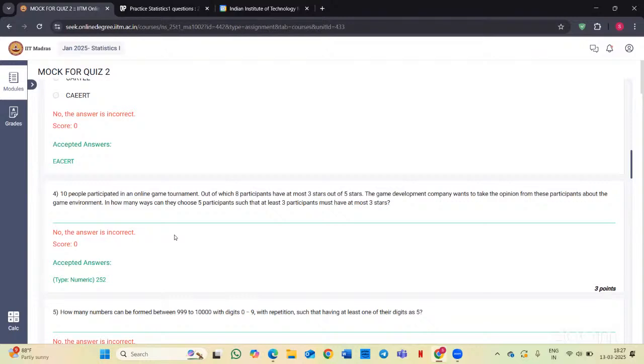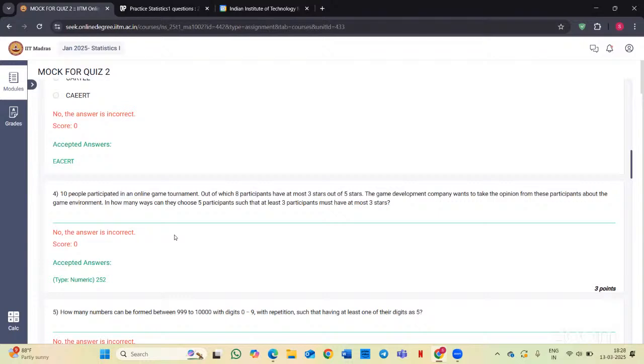Basically, we have to find the number of 4-digit numbers formed with 0 to 9, having at least one 5 in one of the places. So there can be one 5, two 5s, up to four 5s also.